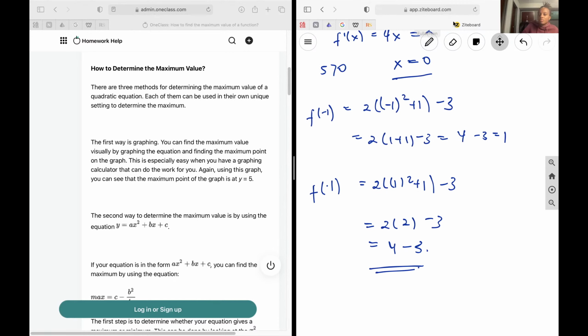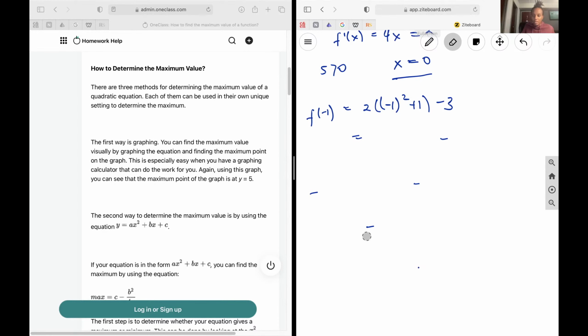It is 2x squared minus 1. It should be 2 into minus 1 squared minus 1, which is 2 minus 1, giving me 1.